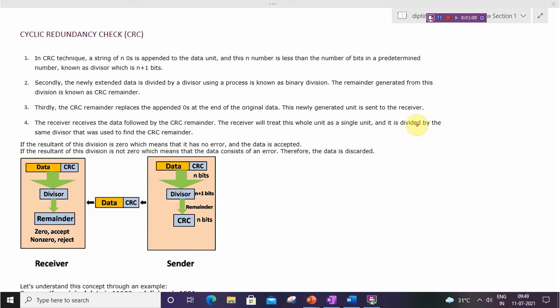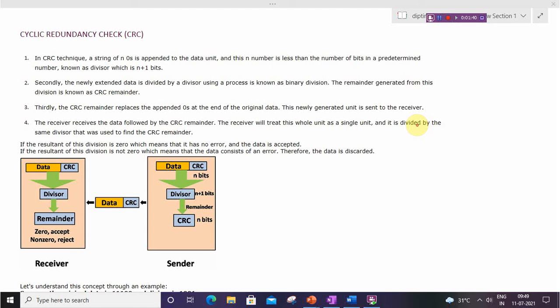In the CRC technique, a string of n zeros is appended to the data unit, and this n is less than the number of bits in a predetermined number known as the divisor, which is n plus 1 bits. So with the data unit, we add n number of 0s and the divisor will be n plus 1 bits.